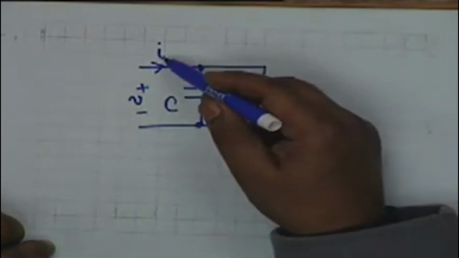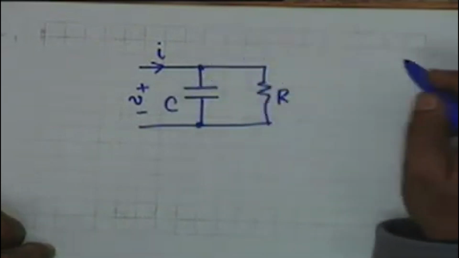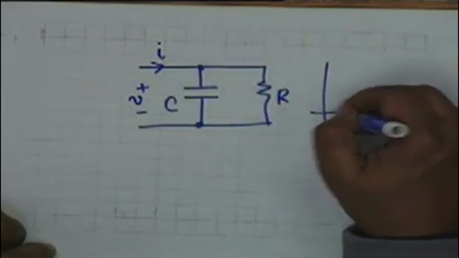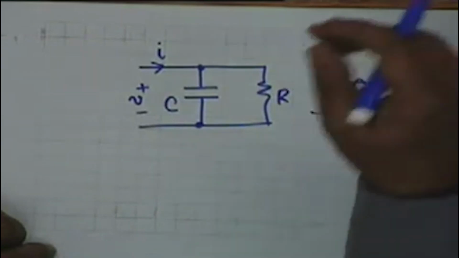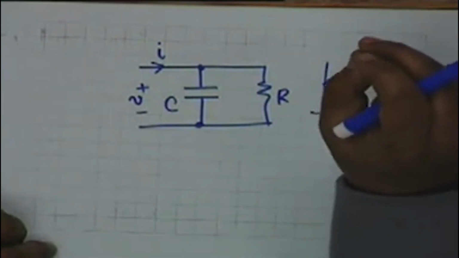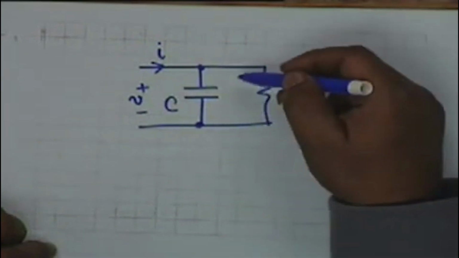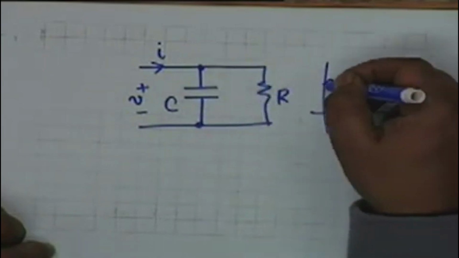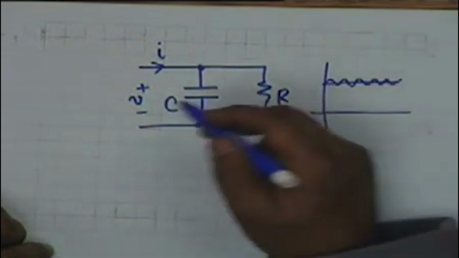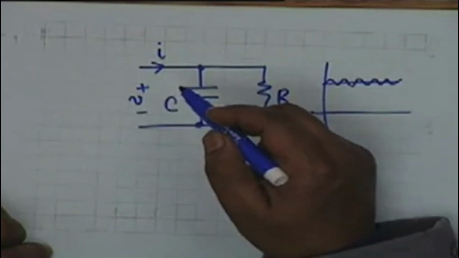If I is not a constant, let's say I is something like this. I is a constant on which is superimposed a small sinusoidal AC. Then this circuit smooths out these irregularities. In other words, the voltage V will approximately be a constant.